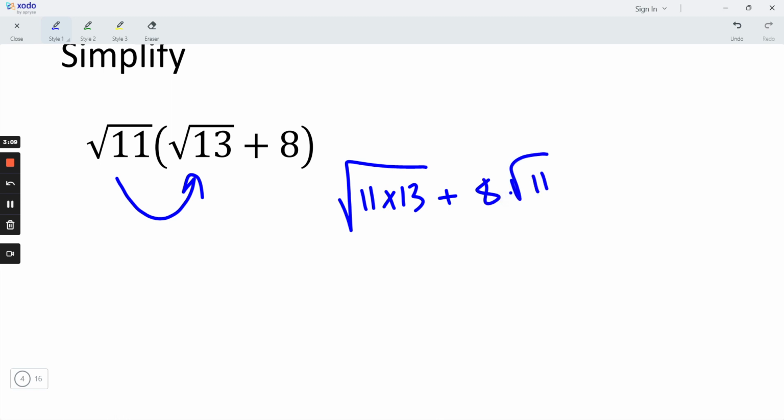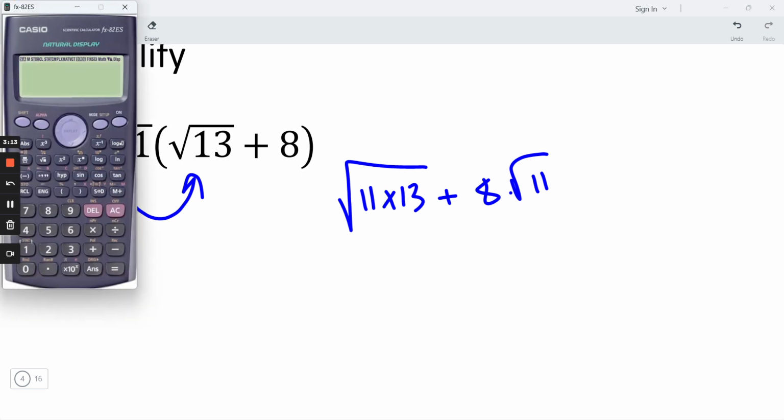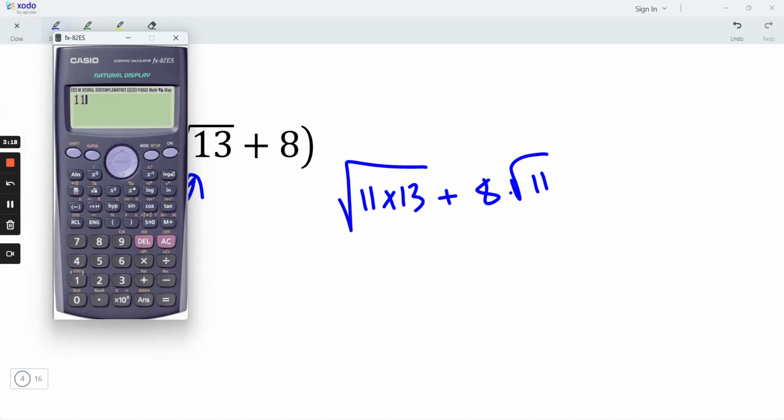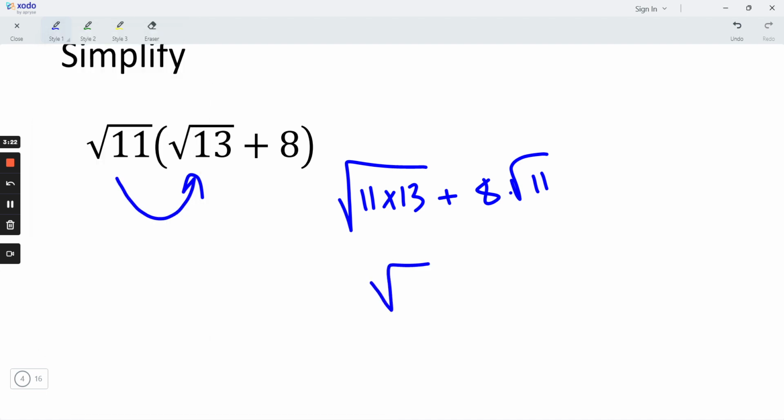And here you can multiply 11 times 13 using a calculator. 11 times 13 equals, under the square root, 143, plus 8 square root 11.